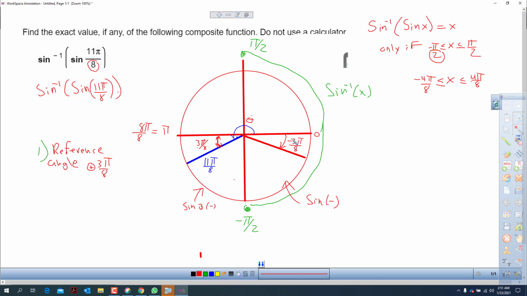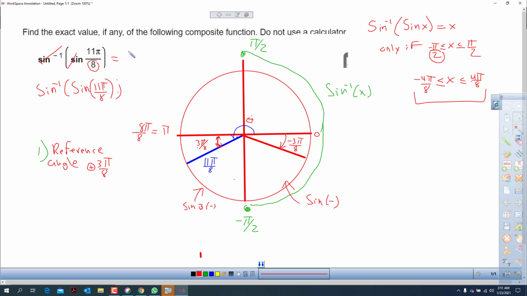Notice something, this angle is in the interval we want. You cannot just cancel these guys like that and say this is 11 pi over 8 because this is wrong. Okay, the rule says you need to make sure that this angle is in the domain of sine inverse, right? So what we have to do is replace this inner angle.